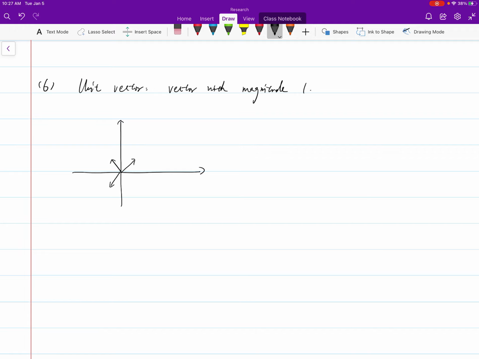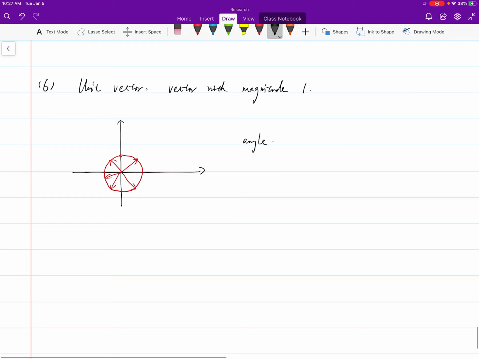That means you have vectors that may have different directions. The only thing they have in common is they all share the same magnitude, which is 1. That means all of these vectors, their ending points are on a unit circle. And we have done so much trigonometry so far, I don't think I need to mention to you how important the unit circle is. So that's why we care about unit vector.